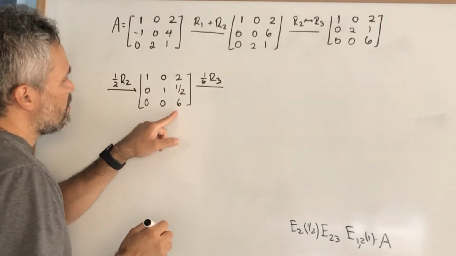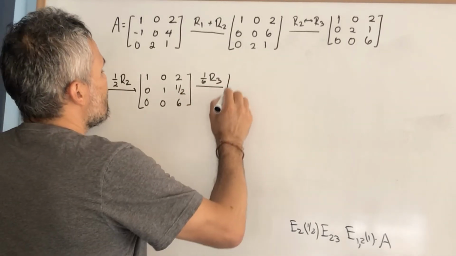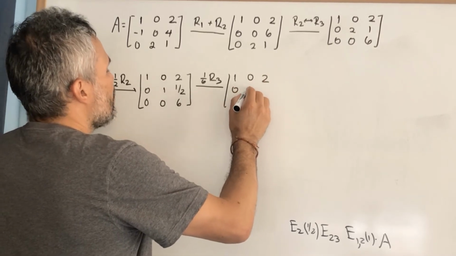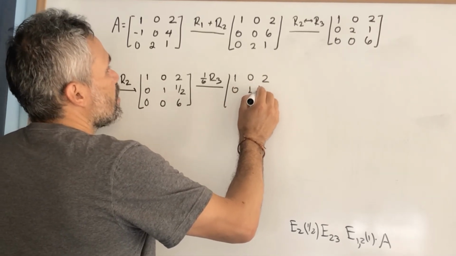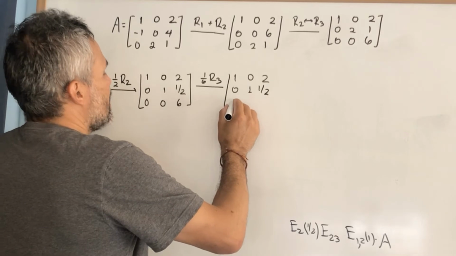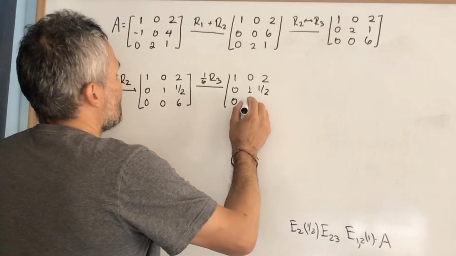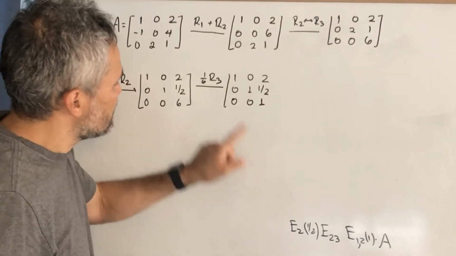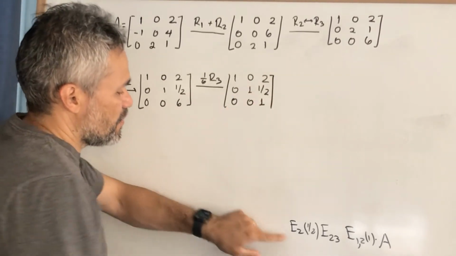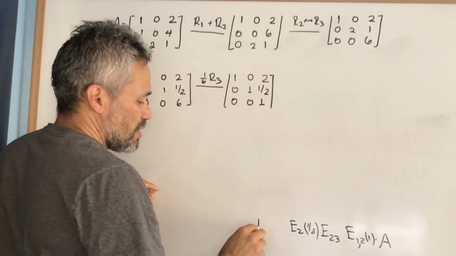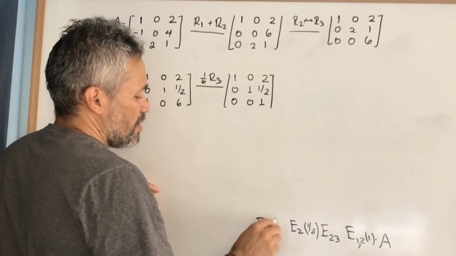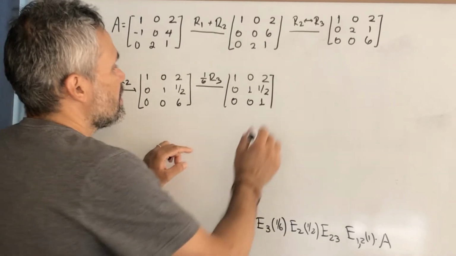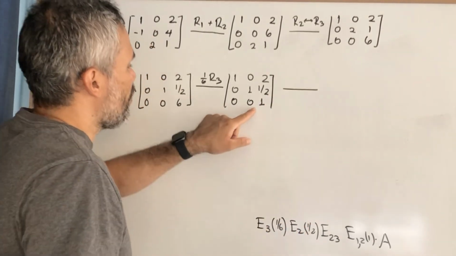We can accomplish that by doing 1/6 of R3. And then we get 1, 0, 2, 0, 1, 1/2, and 0, 0, 1. And this matrix is equal to this matrix times E3 of 1/6.